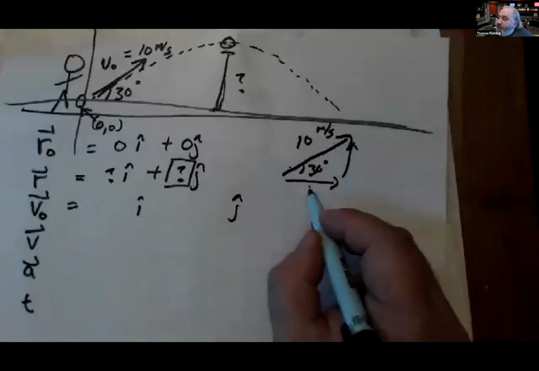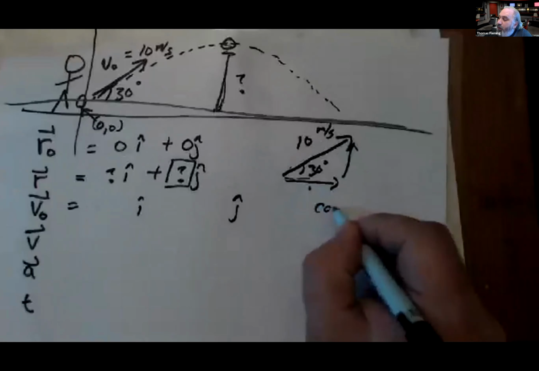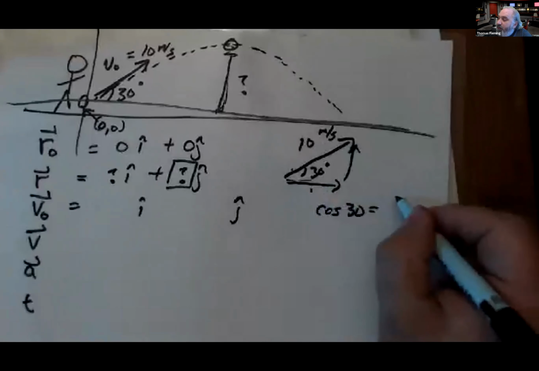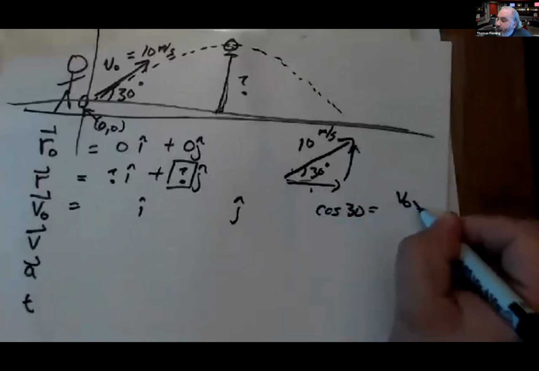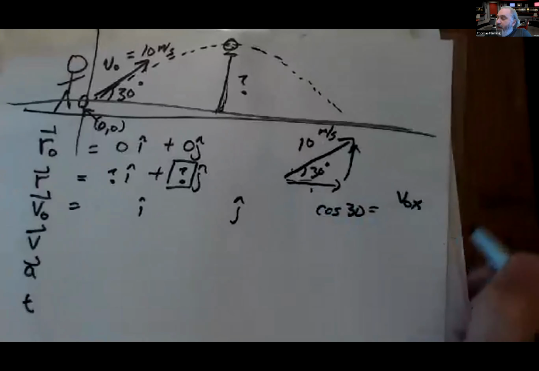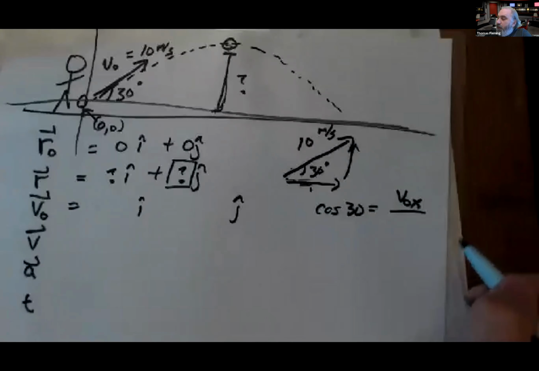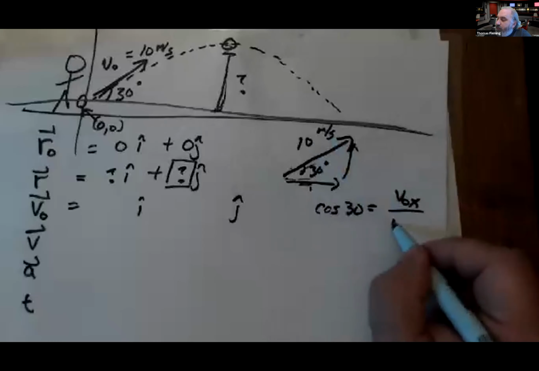So I'm looking for the x component. That's the adjacent side of the triangle, and I know that the cosine of 30 degrees will be the adjacent side. That's the x component. I'll call that v initial, but with a subscript x. So this is the x part of the initial velocity over the magnitude, which is 10.